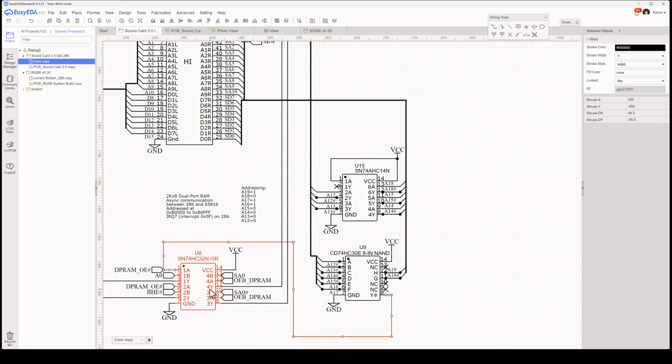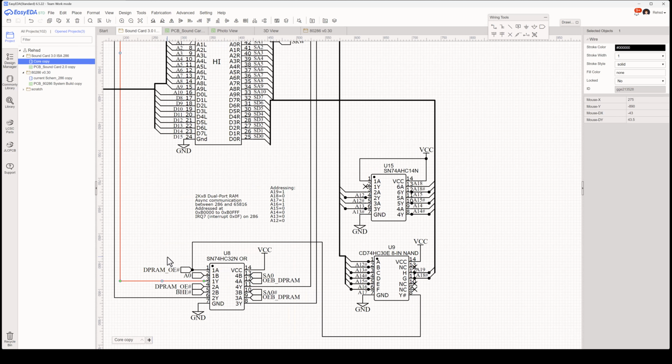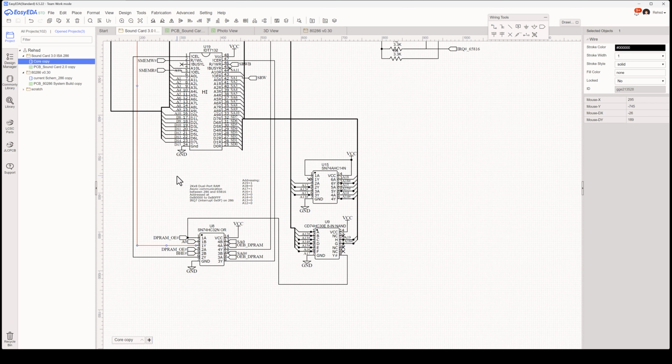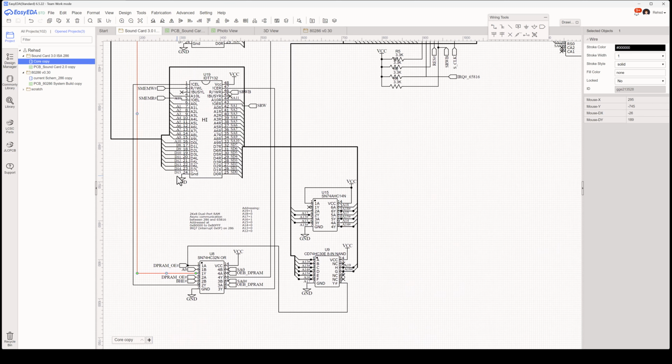And then I have an OR here. So if I am in the proper address space, that's an active low, and my A0 is also low, then the output of this signal here is a low. Basically that will then tell this upper chip in my diagram, which is my low byte of memory, to go ahead and be active.